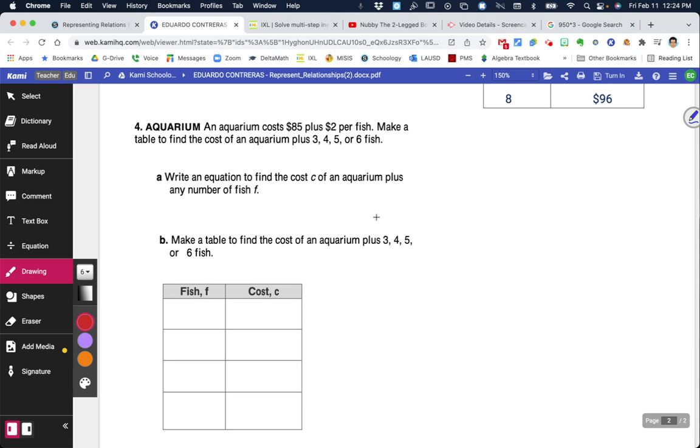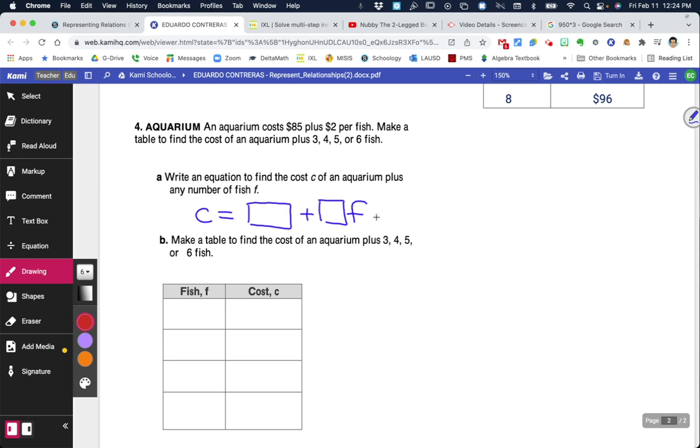All right, guys. So the last thing is this particular equation is going to be a little bit different. You're going to write the cost, C, equals some fixed amount for the aquarium. Then they say plus some other rate for the fish times the number of fish. So this is a type of equation.